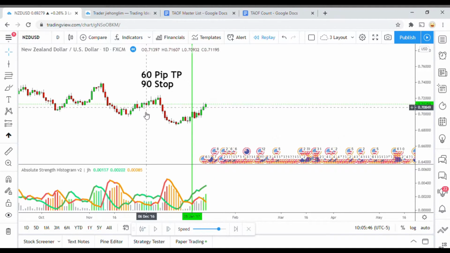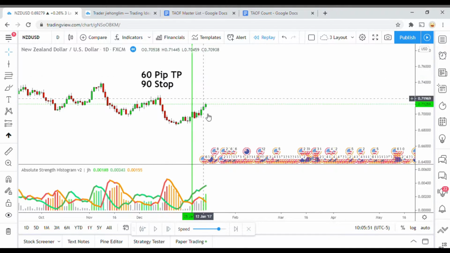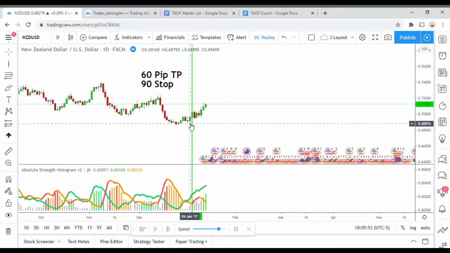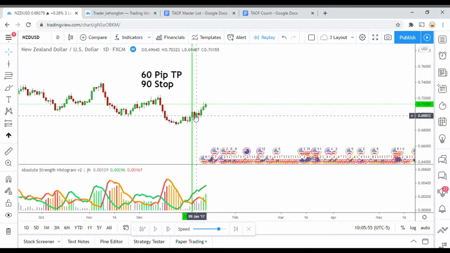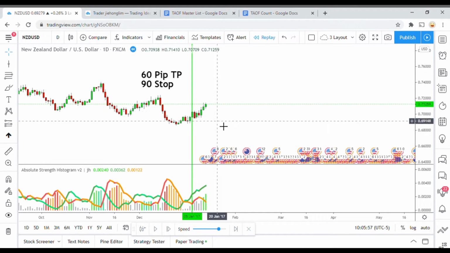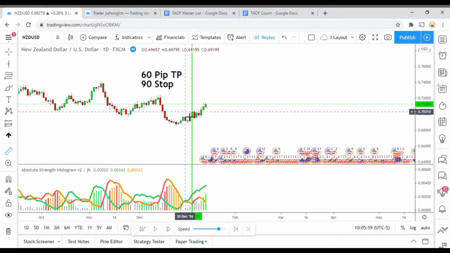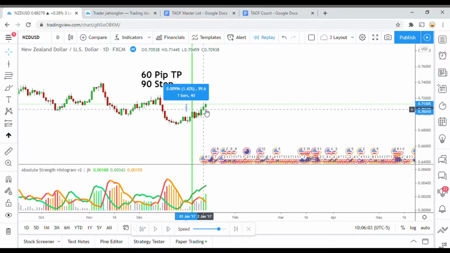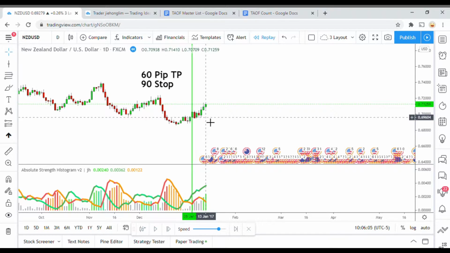There we go, I finally spit it out. But that is a little bit challenging to test in the back testing process, and so we're going to just do a flat take profit. And so we're looking for a 60 pip take profit, and that was over here on this bar.